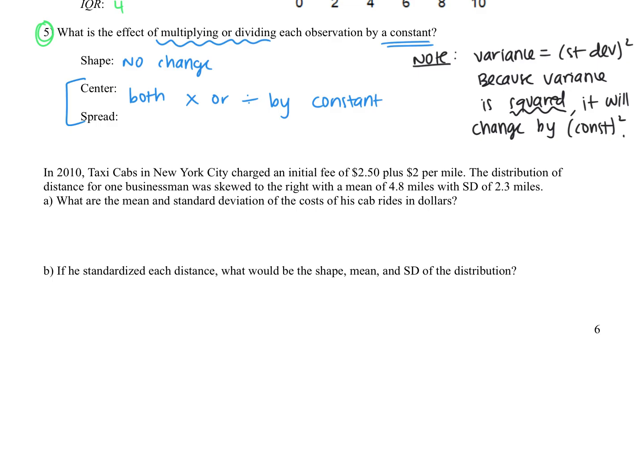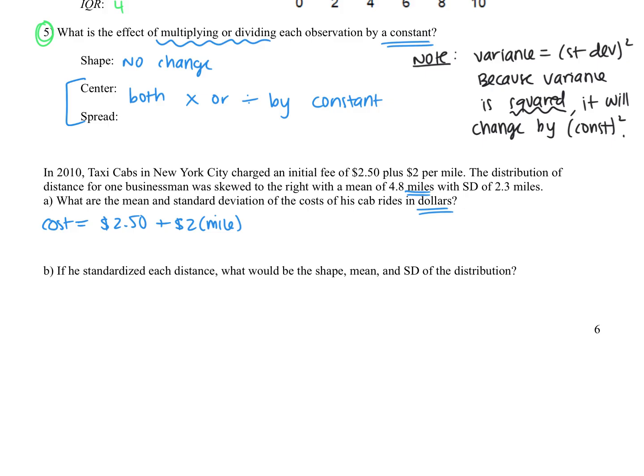Okay, so the first thing to do is figure out what is the relationship between miles and dollars. The way that we would calculate the cost for any given ride is it's always going to be $2.50, and then it's going to be $2 per mile.